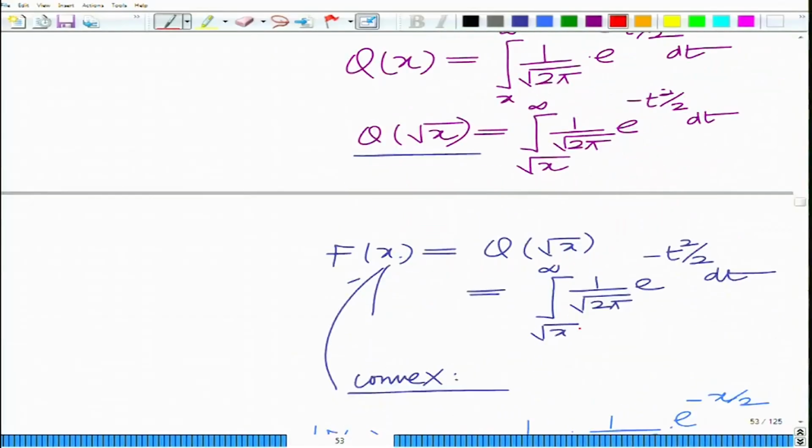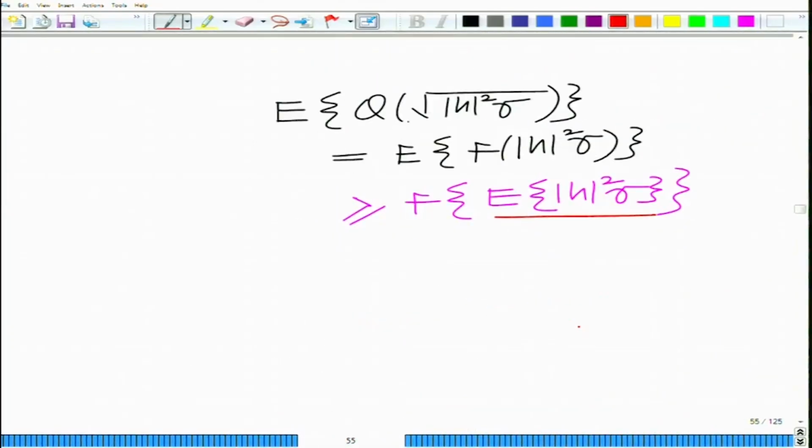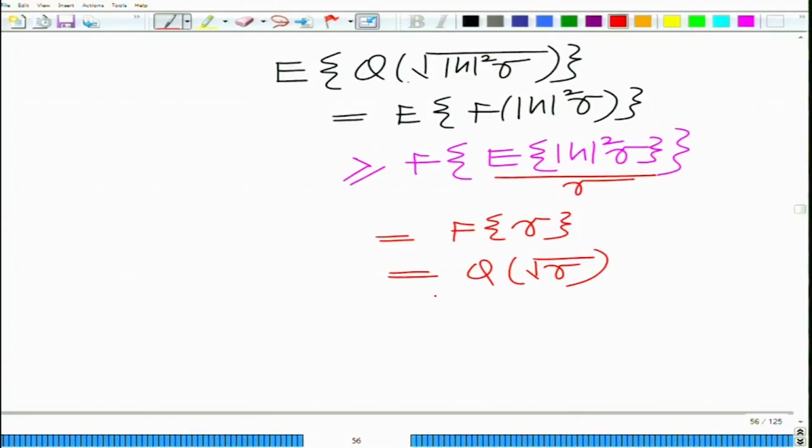And what you can see is this is greater than or equal to f of gamma, which is nothing but Q of square root of gamma. Now, Q of square root of gamma is basically the bit error rate of the conventional or wire line system.